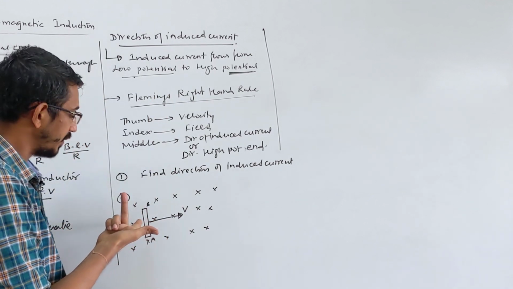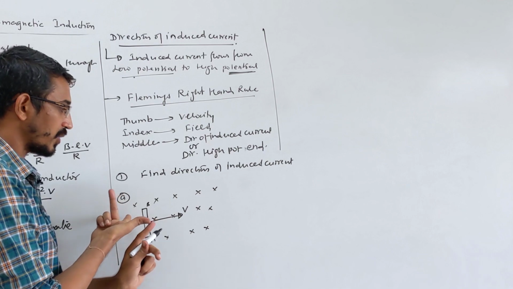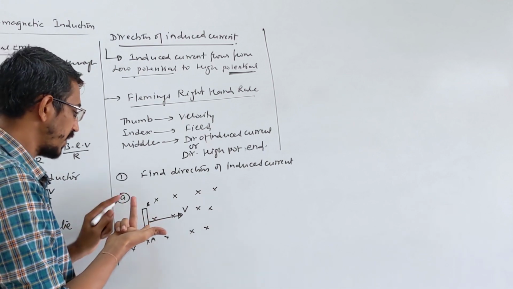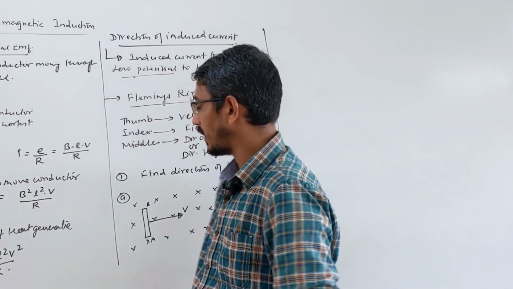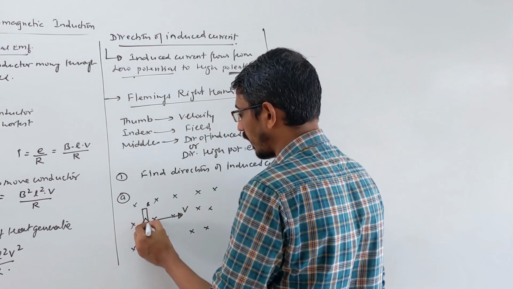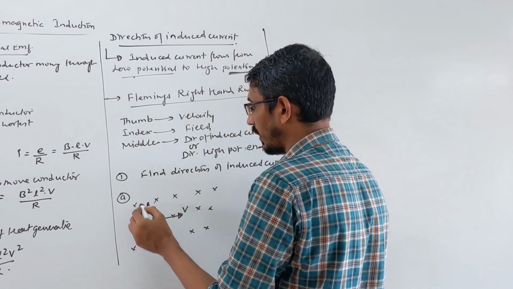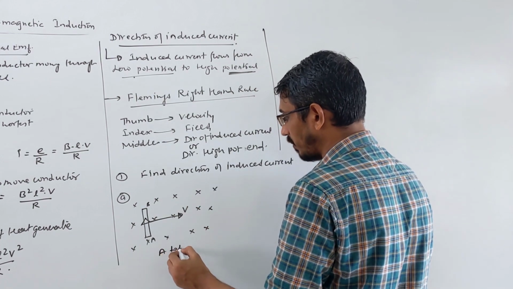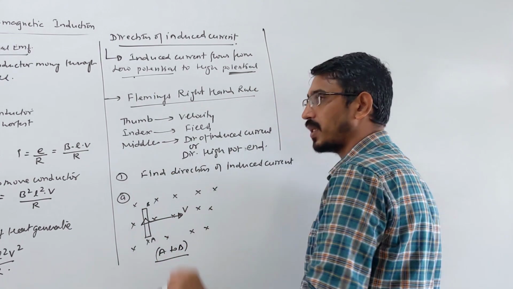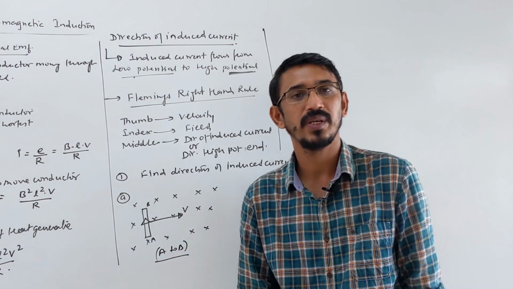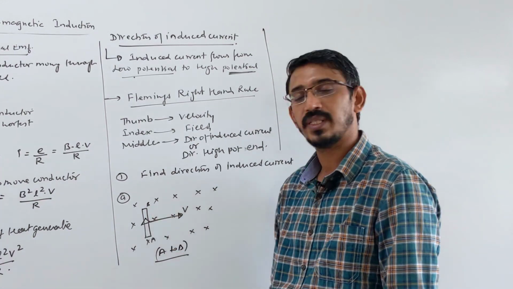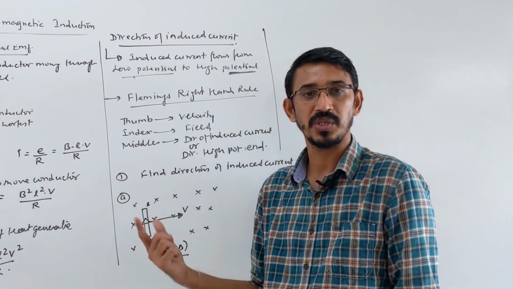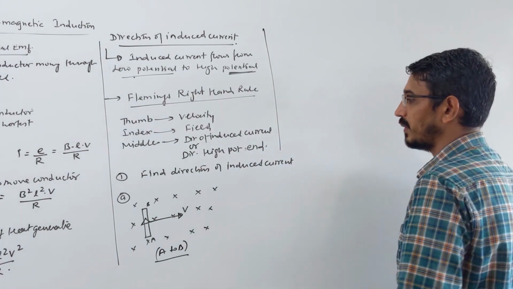Adjust your fingers like this: field going inward, velocity towards left. So the finger is upward, which means the direction of the induced current in this wire in the given situation will be upward. Current is flowing from A toward B. So either they can ask you the direction of current, or they can ask which point is at high potential. So end B is the high potential end, right?